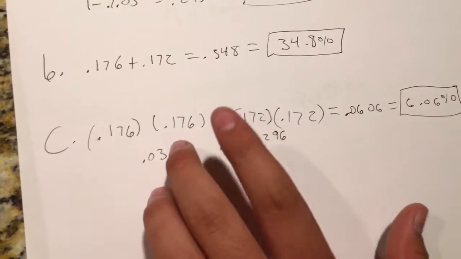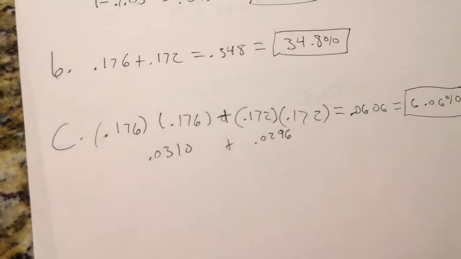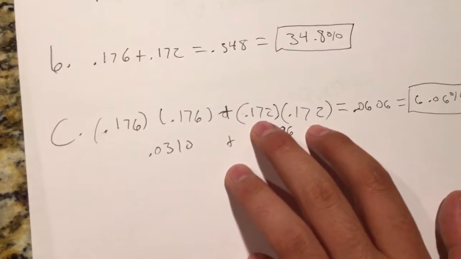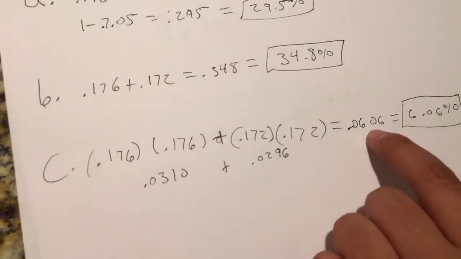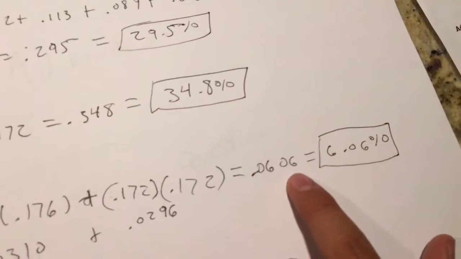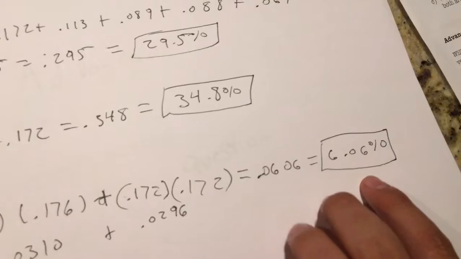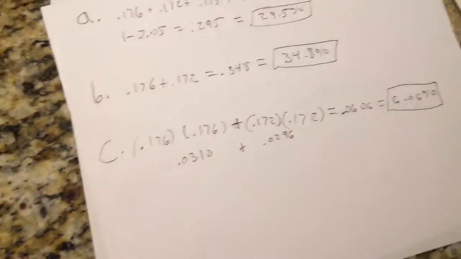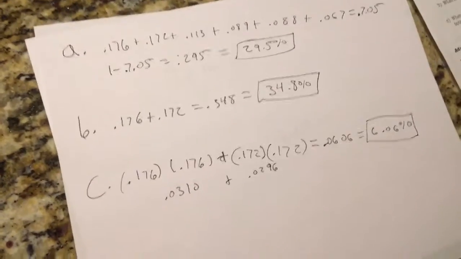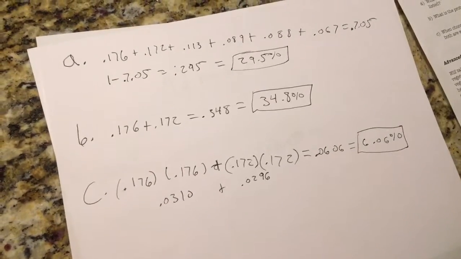Added with 0.172 times 0.172, which would be 2 white cars multiplied together. And then you would add them to get 0.0606. So there's a 6.06% chance that if you choose 2 vehicles at random, they'll be both silver or both white. So that sums up the basic question.